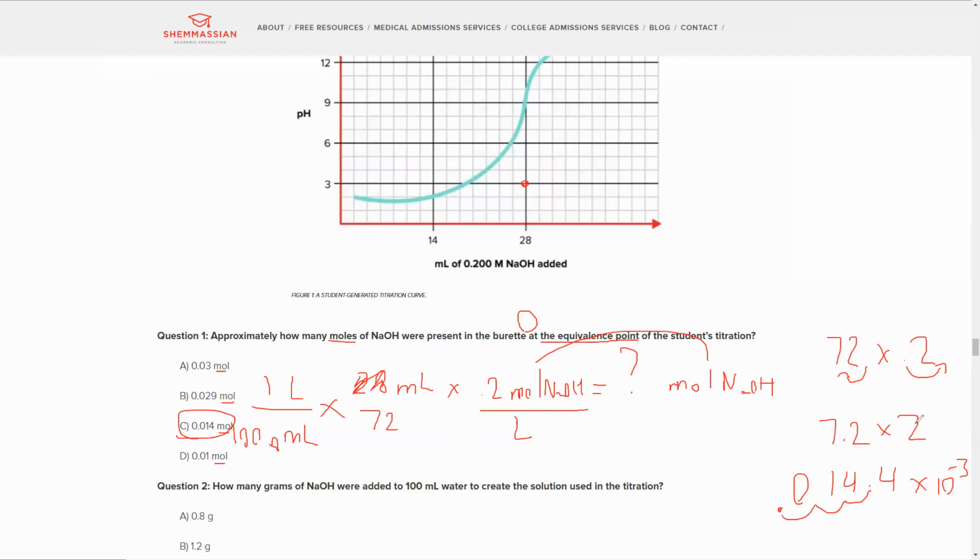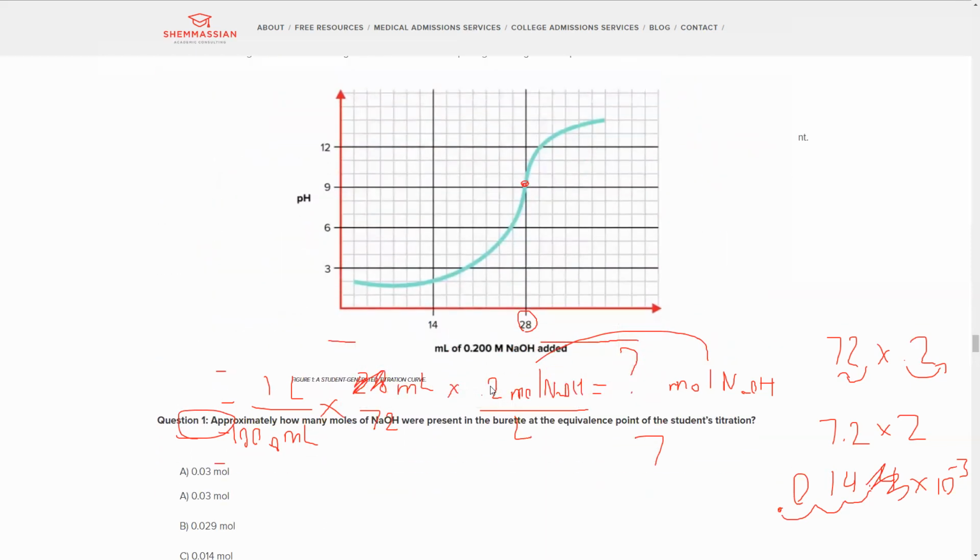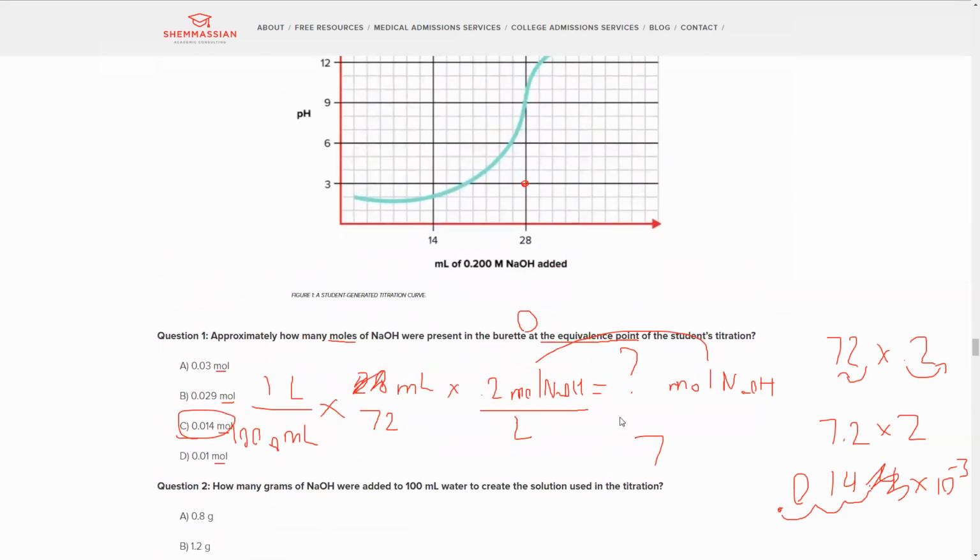So you see how important it is not to round, because even if we round this to 7, we'll still get 0.14. As long as you have the number correct, you wouldn't end up with D. You would always end up with C. So in this case, it was a content issue, not a problem solving issue. How we solve it is correct. It's just missing the 72 rather than the 28. That's a good one. Any questions about this one so far?